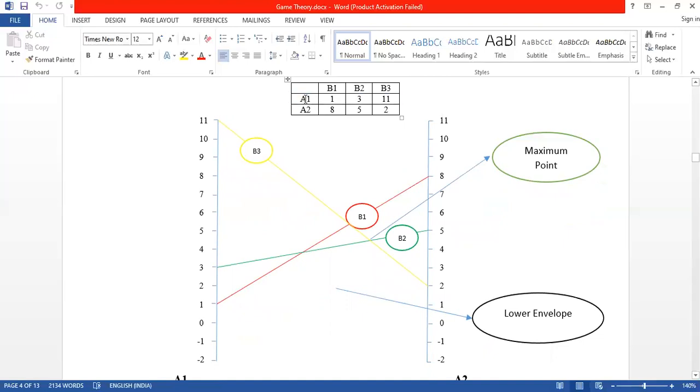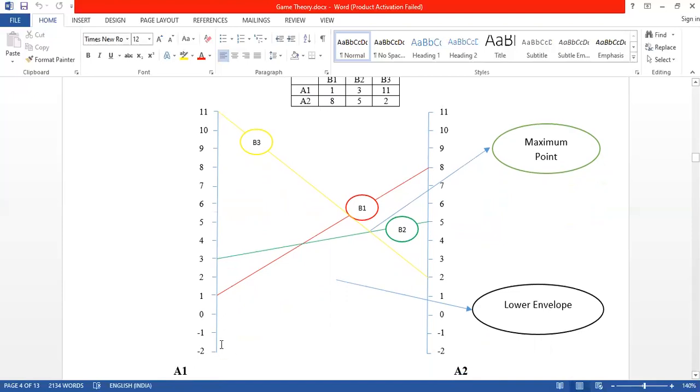Whichever firm has only two strategies, you have to pick that. That means in our problem, A1 and A2 are the two strategies firm A has, right? So we need to draw a vertical line for A1. See, for A1, one vertical line, and just opposite to A1, for A2, one more vertical line, right?